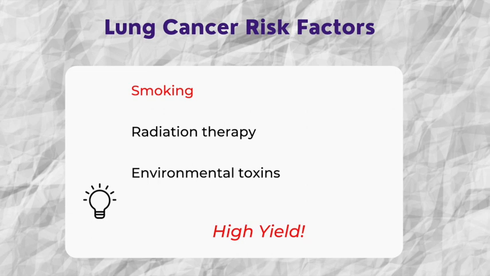Another high yield factor to remember is environmental toxins. When you think of environmental toxins, things like asbestos exposure should come to mind. A high yield fact I want to highlight here is that asbestos exposure, everyone knows, is associated with mesothelioma and bronchogenic carcinoma.